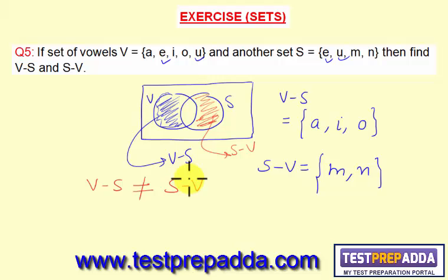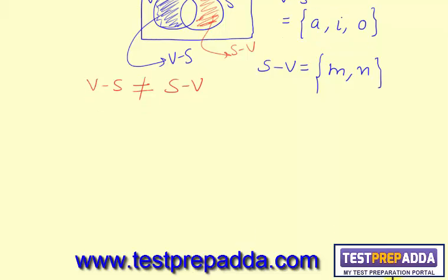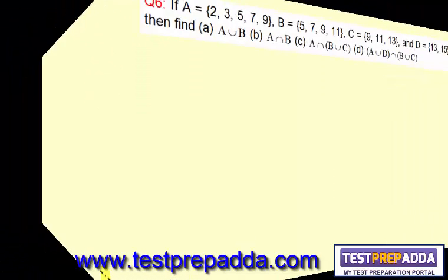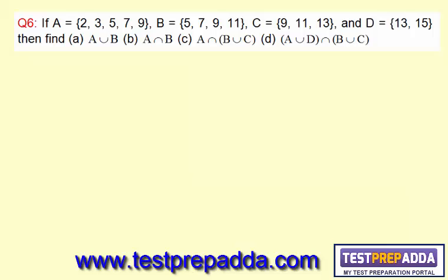Now I'll take another question here. In this question, four sets A, B, C and D are given and we have to find A union B, then A intersection B, then A intersection (B union C), and then (A union D) intersection (B union C).